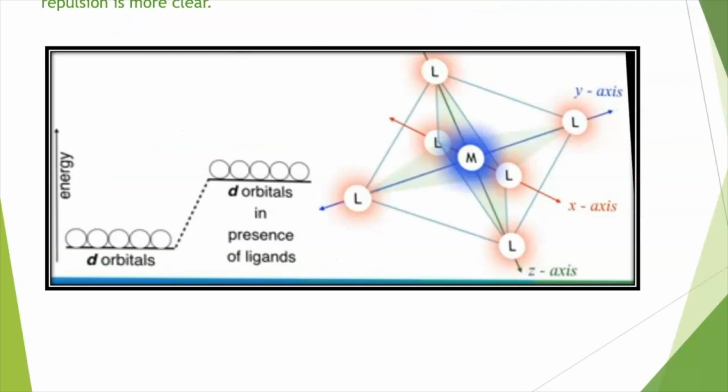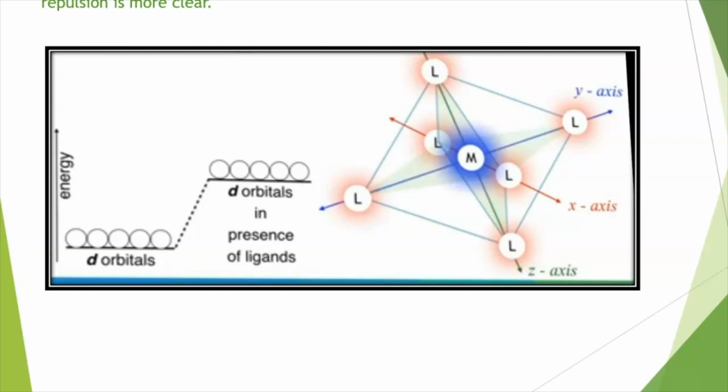Next is crystal field splitting of d orbitals in different geometries. First is splitting of d orbitals in octahedral complexes. The 5 d orbitals in an isolated gaseous metal ion are degenerate in nature.